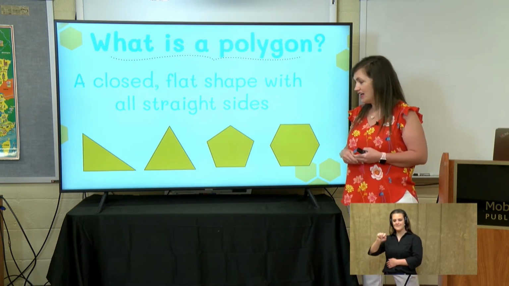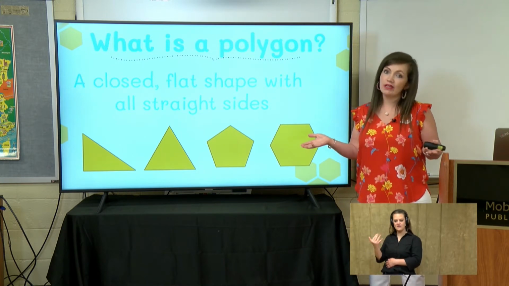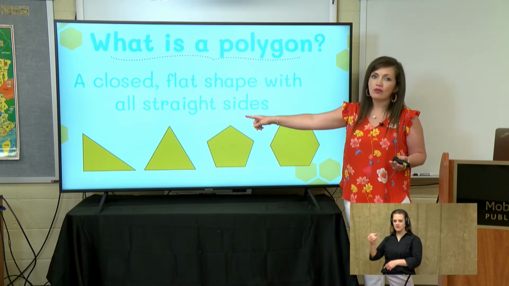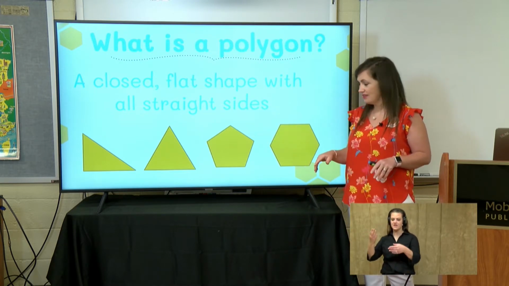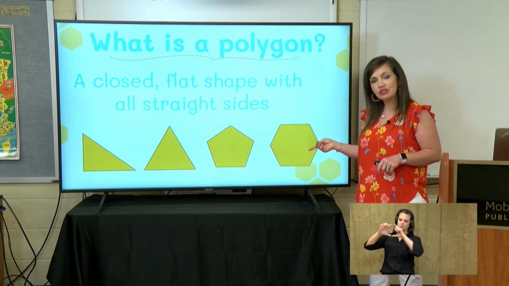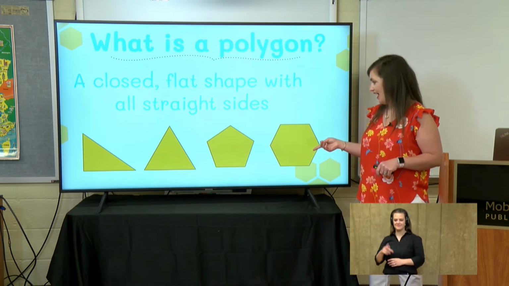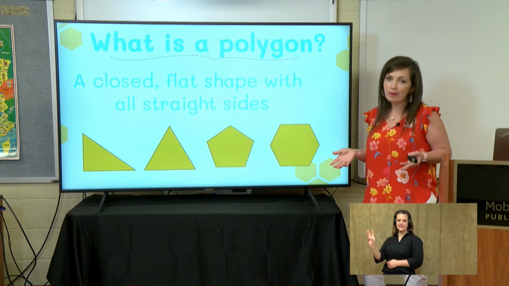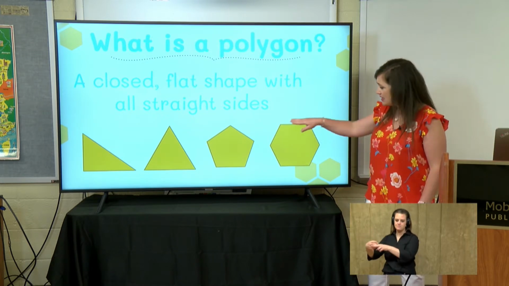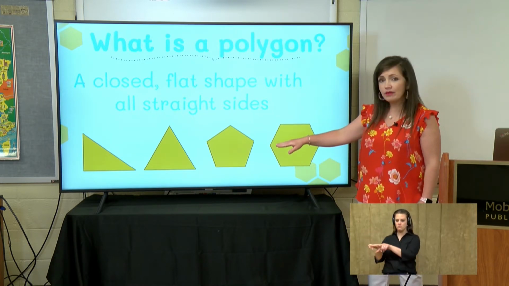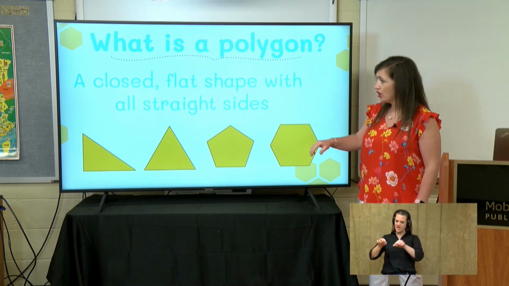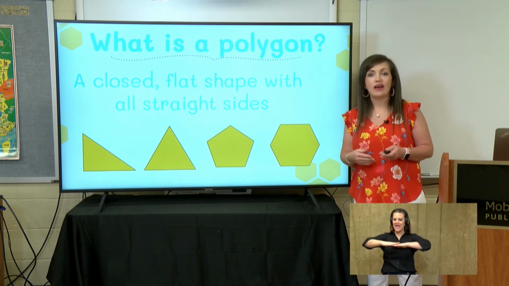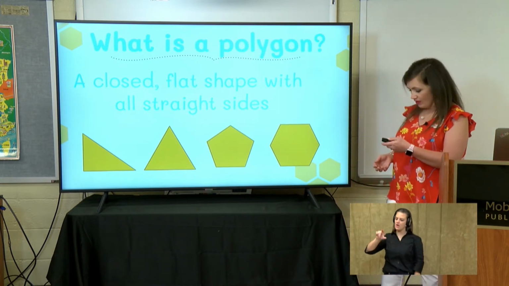It has 5 sides, but it's also known as a polygon because, again, it's a closed flat shape with all straight sides. And does this look familiar to you? Yep, it's a hexagon with 6 sides. And again, it's also a polygon because all of the sides of this shape are straight, it's closed, it's a flat shape, so it is also classified as a polygon.